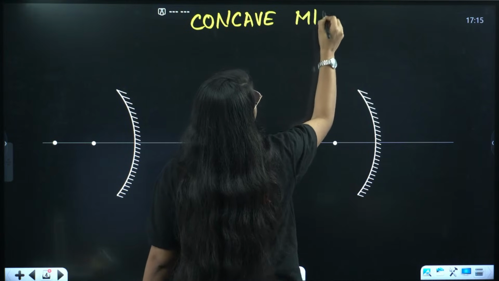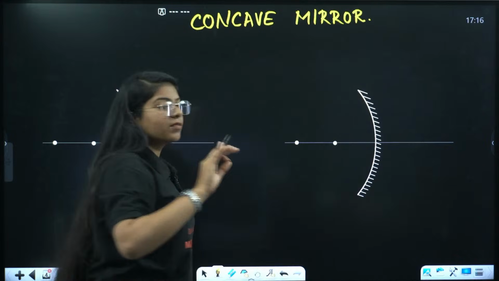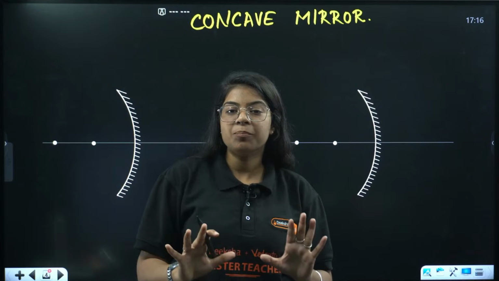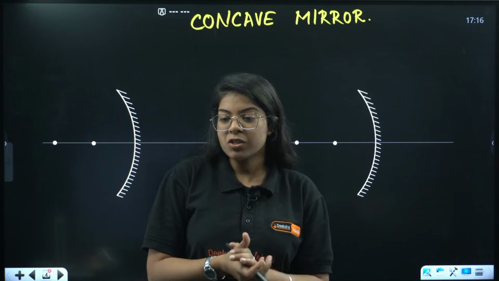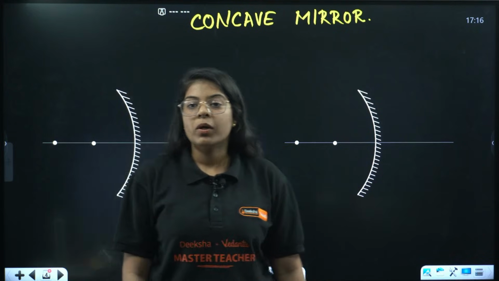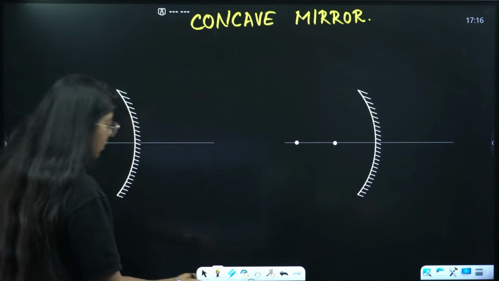First is the concave mirror. Look, this is a revision for just ray diagrams, so we'll go very slow, understand it properly and try to answer everything that I ask you. Okay? Tell me, what is the first case of concave mirror? What is the first case of concave mirror? Ma'am, the first case of concave mirror is what?